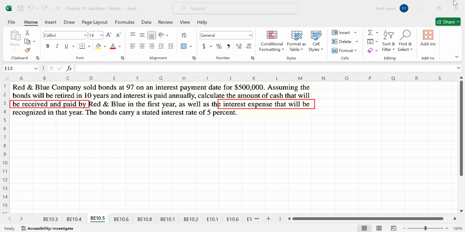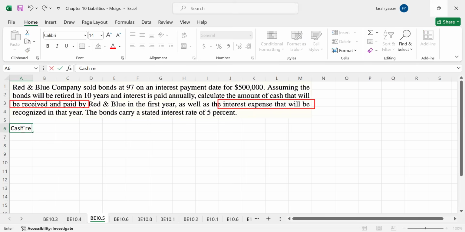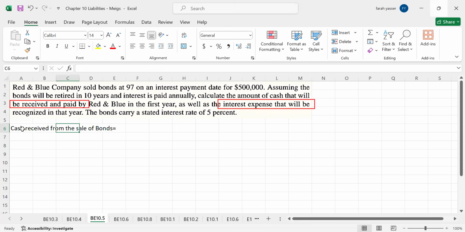So first, we are going to calculate cash received from the sale or issuance of bonds. How much cash is received? $500,000 multiplied by 0.97 because it is issued at 97.